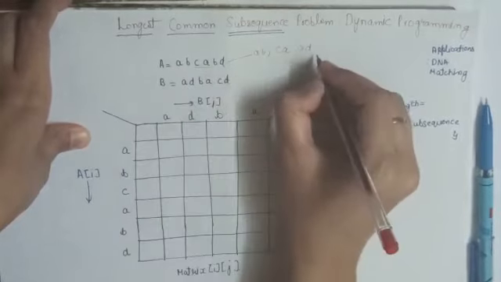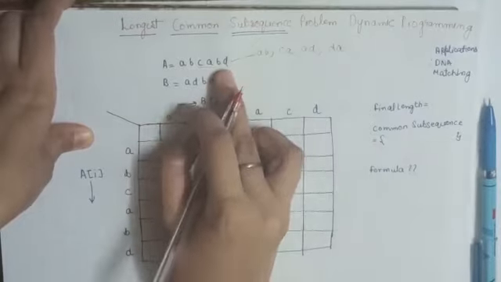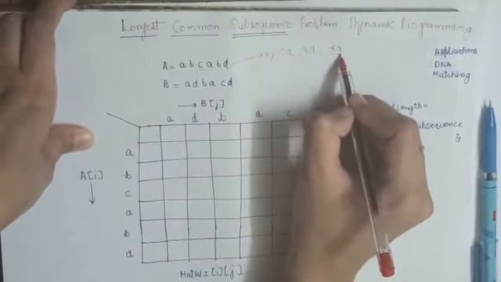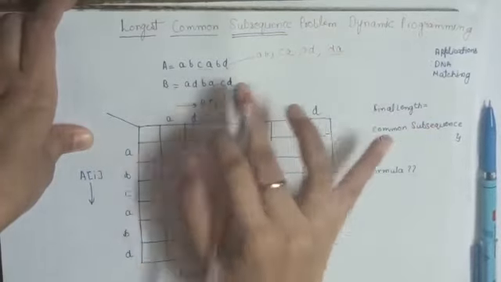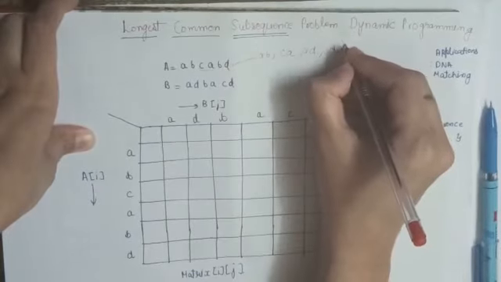AD order is the same, but can you say DA is a subsequence of this string A? No, DA cannot be a subsequence because the order of DA is not matching with the order of these alphabets in this string. Okay, so this is not a subsequence.